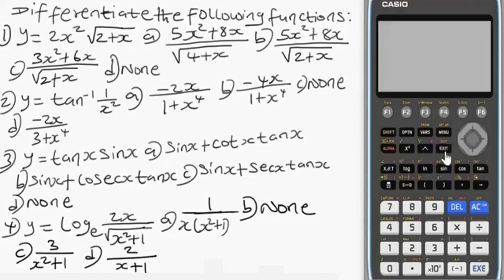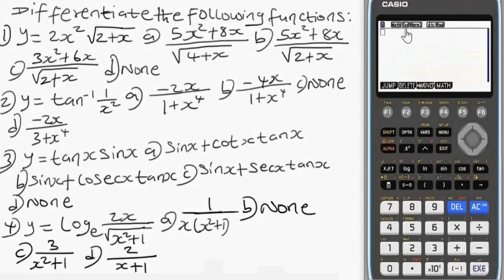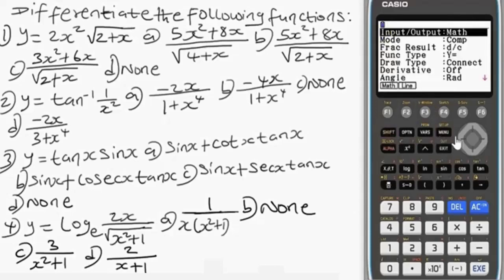Now the next thing we're going to do is ensure that our calculator is in radian mode. By default, mine is already in radian mode. If you press execute under this one, Matrix, you see radian here. If yours happens to be in degree, all you have to do to convert to radian is press shift menu, and navigate to angle.